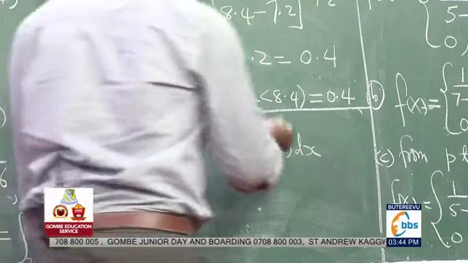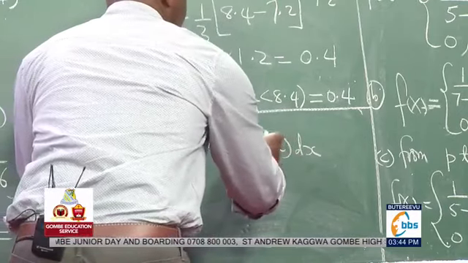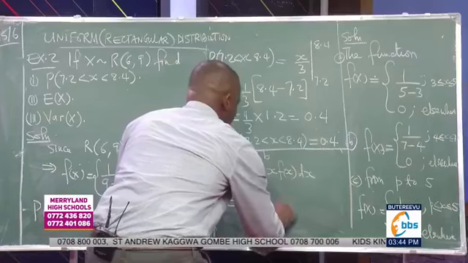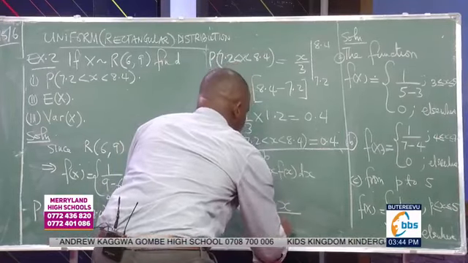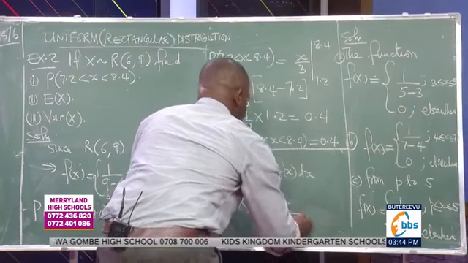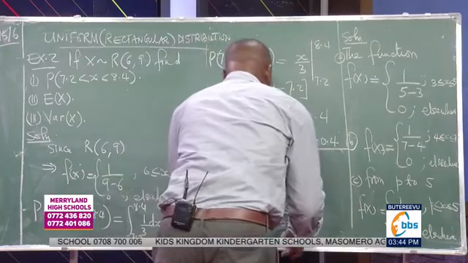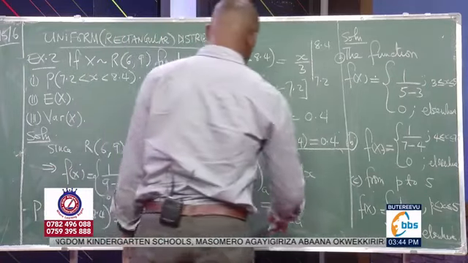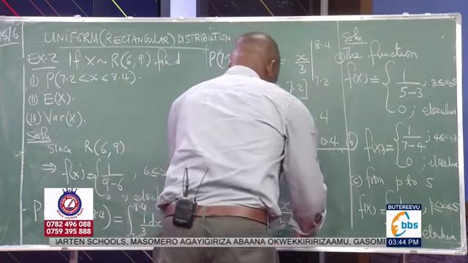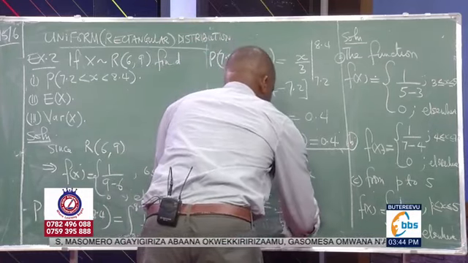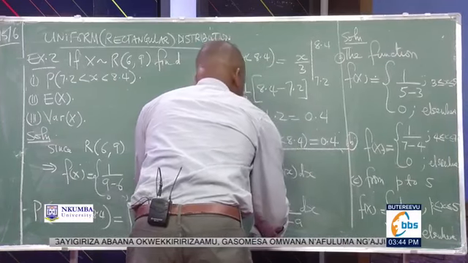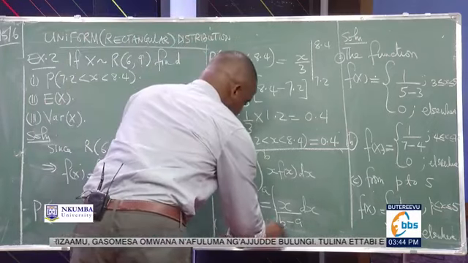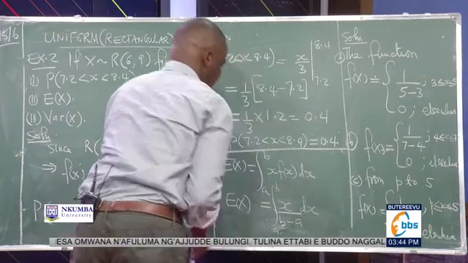It implies the general expression, therefore, assuming I'm taking this as the general function, our E of x is given by x over b minus a. If it is x times f of x, it is x over b minus a dx, because if we have this as the expression, we are integrating that between the upper limit and the lower limit.